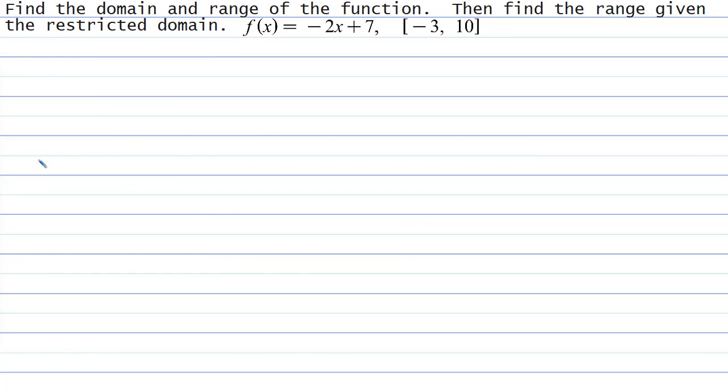We're going to find the domain and range of the function, just like we did the last one, and then give the range with a restricted domain. And what that means is somewhere it's given us a restriction. And so we got to look for the restriction. This right here is our restriction. This is the farthest left on the x we can be, and the farthest right.